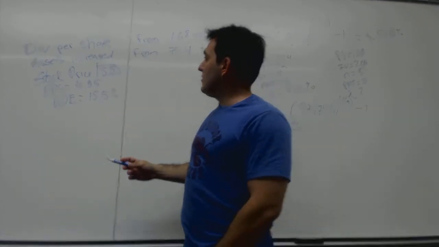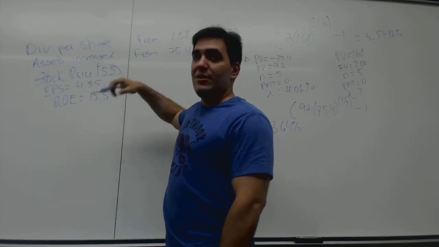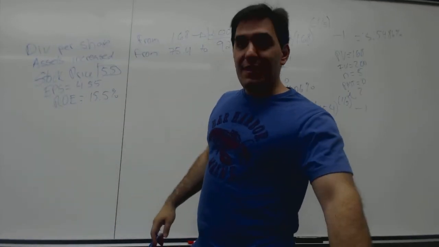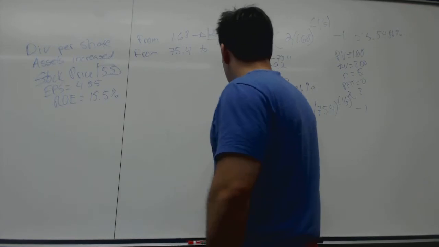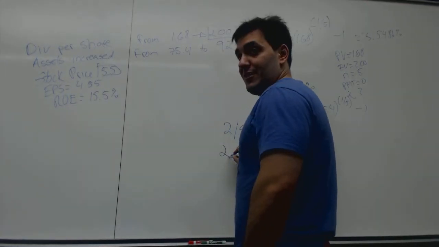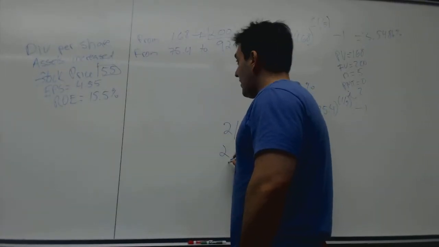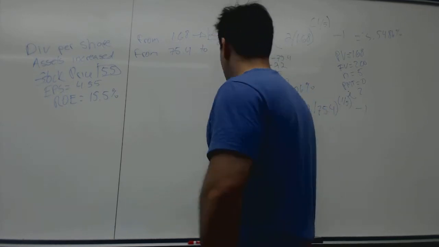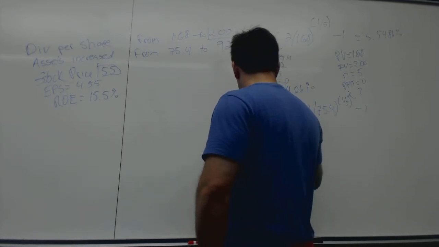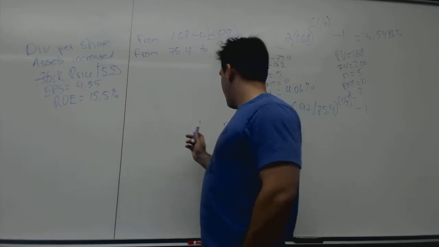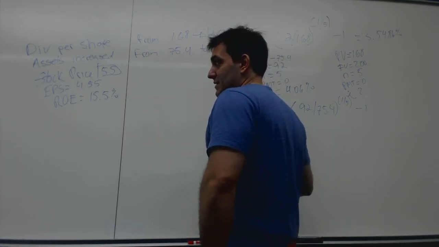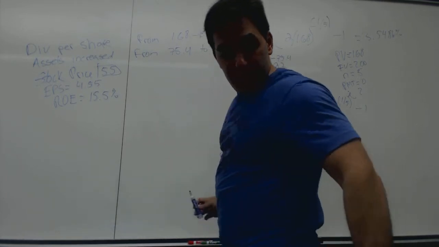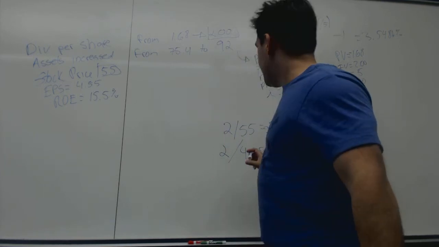You also have the dividend per share. The payout is the dividend per share, $2, divided by how much money per share the company made, 4.55. The dividend divided by the EPS gives you the payout.